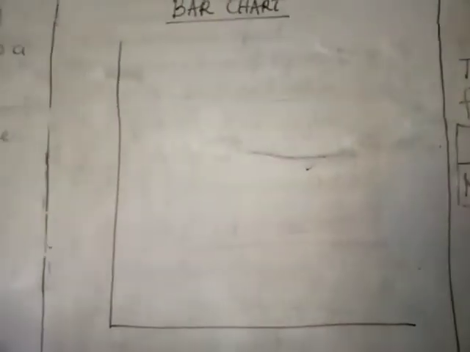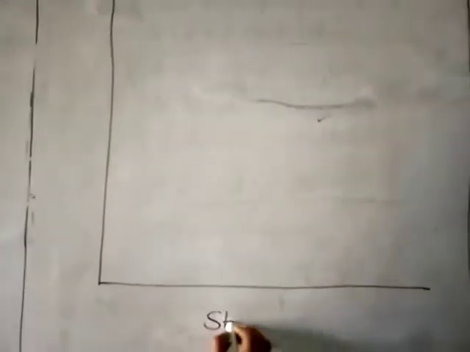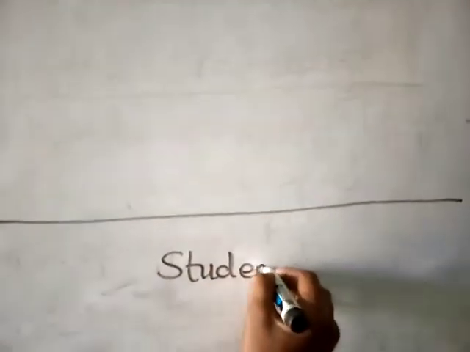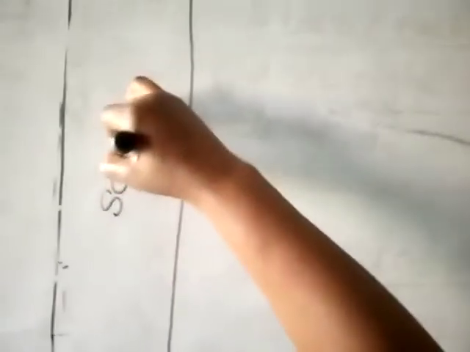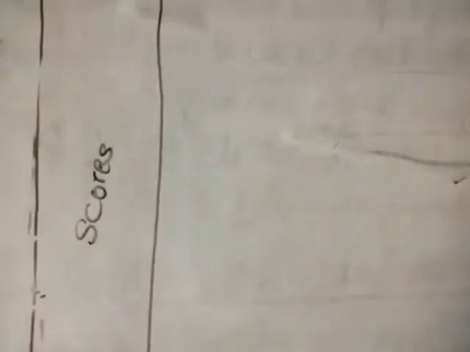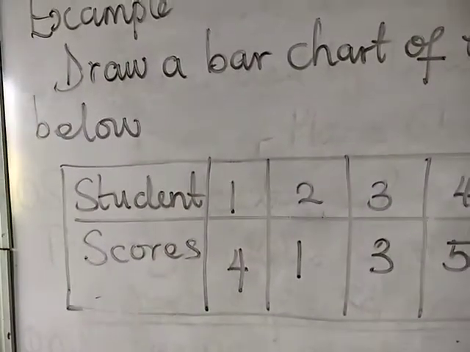Now, at the bottom will be the students, and by the side will be the scores. Now, how many students do we have? You need to use your ruler to measure. It must be very equal.